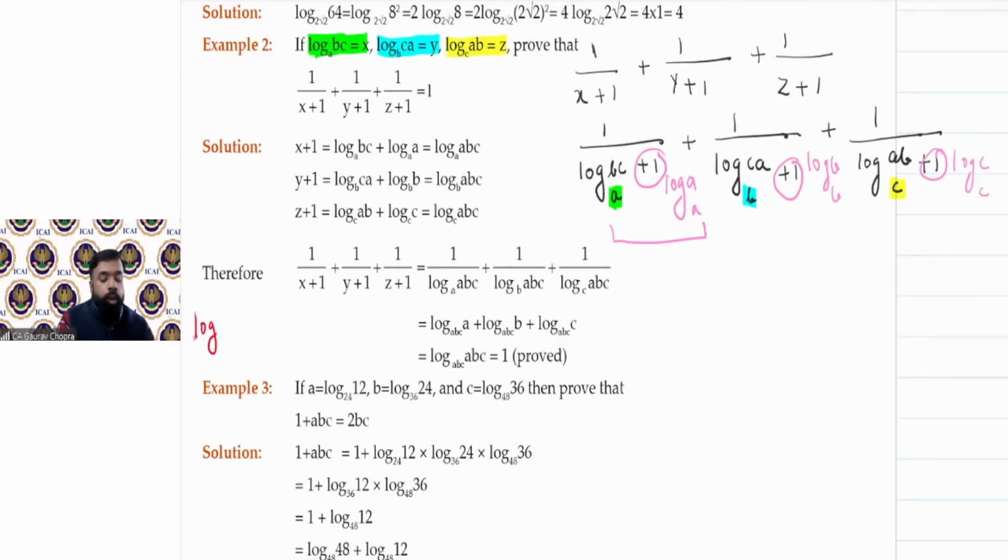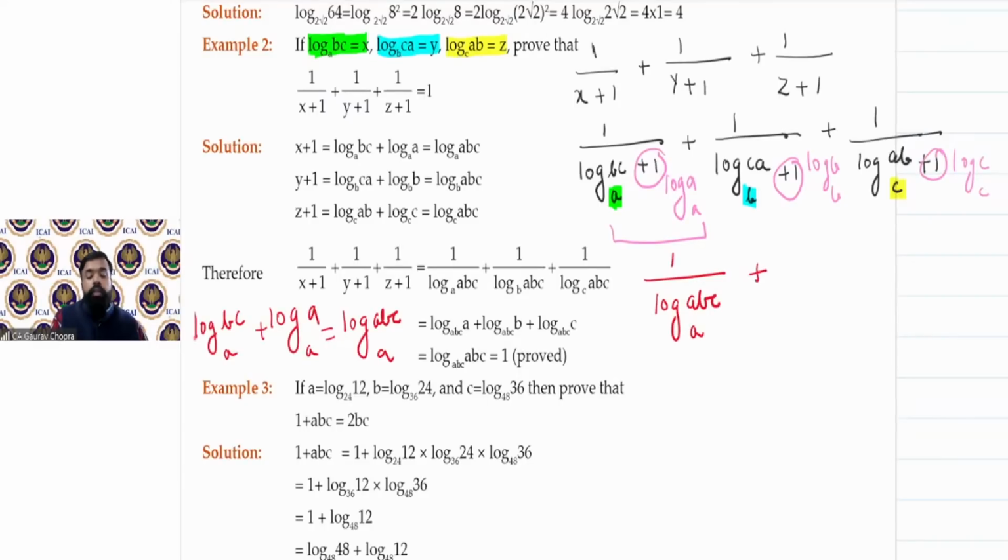Log of BC base A and log of A base A can be combined and written as log ABC base A. So we are writing this 1 upon log of ABC with base A plus 1 upon again log of ABC base B plus 1 upon log of ABC base C.